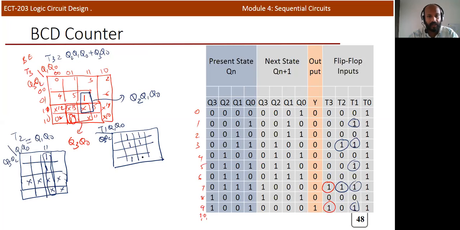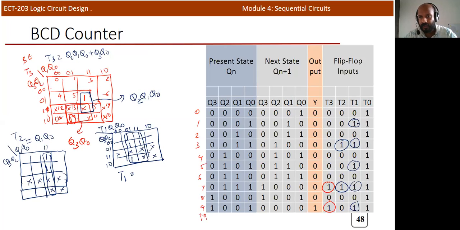Here it is 9, and you can see that these values are don't care conditions. So we can make a group like this. So this is 0, 0, 0, 1, 1, 1, 1, 0. Here also 0, 0, 0, 1, 1, 1, 1, 0. In row wise, if you write, there is no common term, but in column wise, you can write T1 is equal to Q.